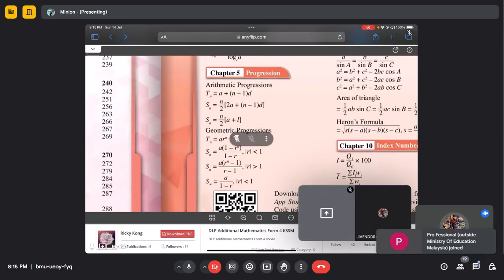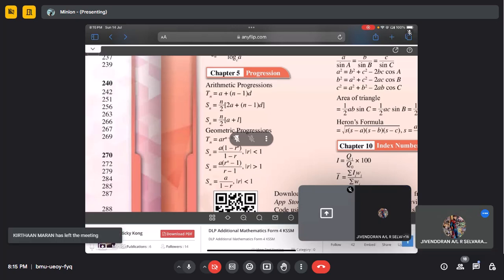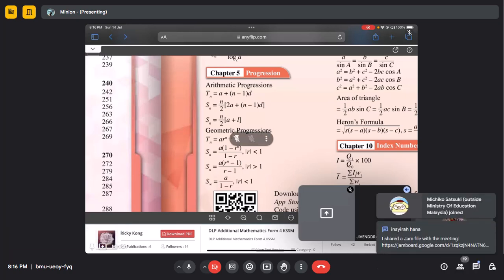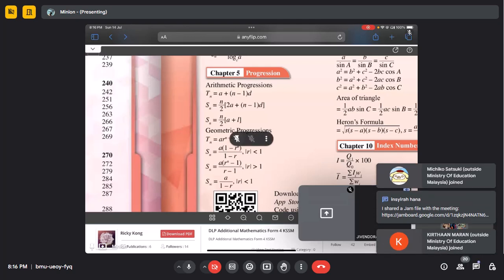Okay, so for progression, there are 7 formulas, but mostly you only use 5, and it's divided into arithmetic and geometry.